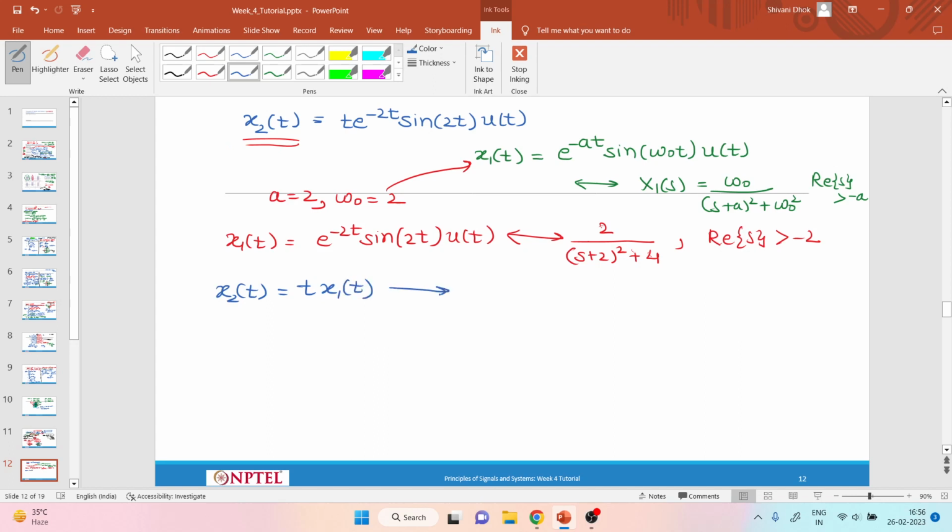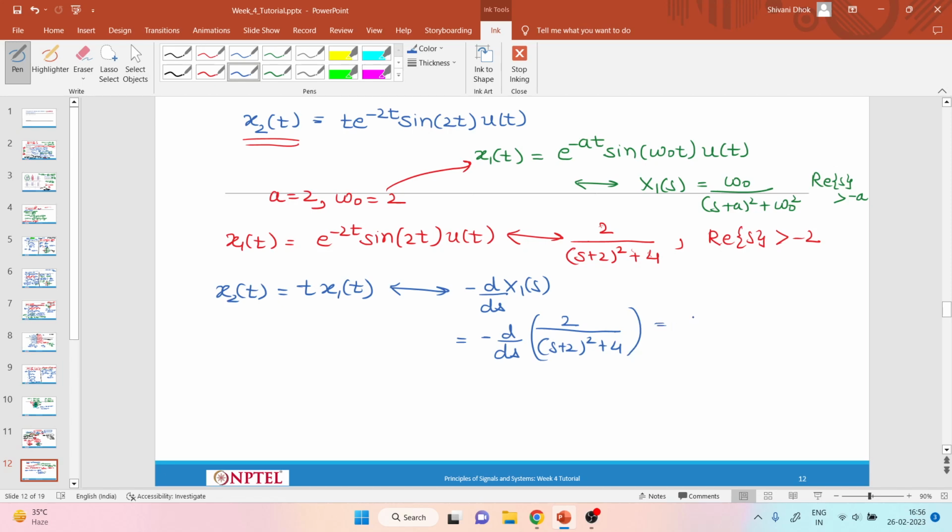And if I use the property differentiation in S domain, then the Laplace transform of this is simply minus d ds of x1 of s, which is equal to minus d ds of 2 upon s plus 2 square plus 4.